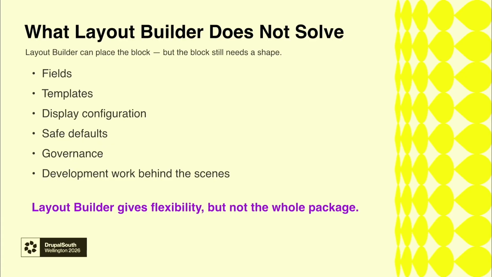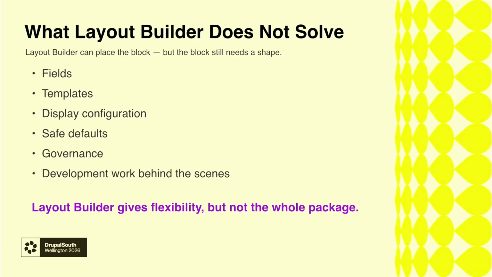The magic is when you start using Layout Builder, it is very powerful. But the question is, you build a component, how are you going to map the component into Drupal?